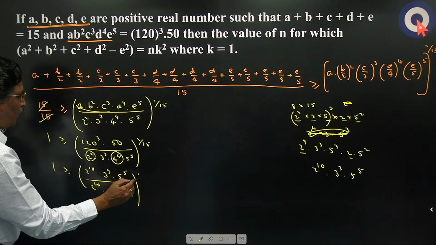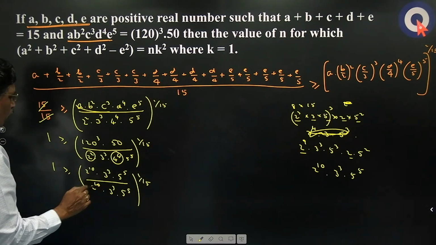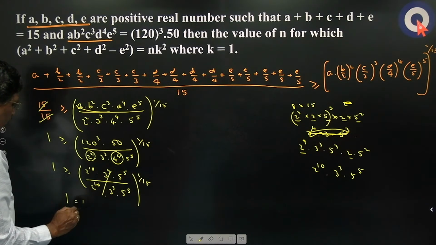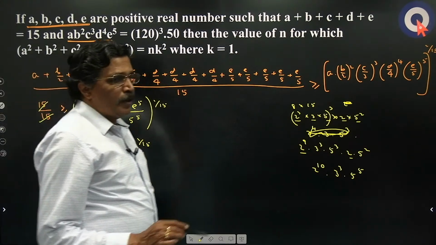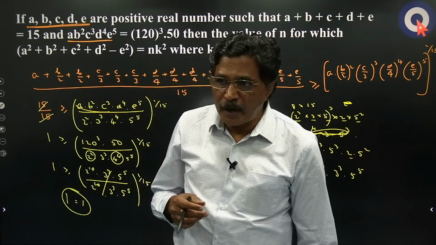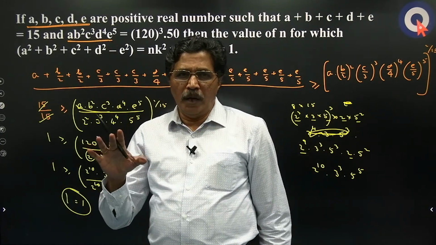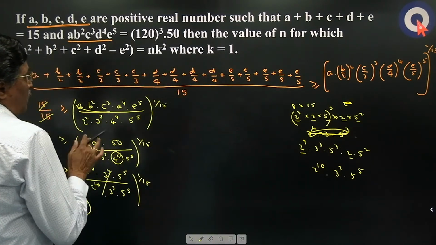As they match, hopefully the simplification is correct. So this is becoming 1 again, so you have 1 is equal to 1. Therefore, the arithmetic mean is becoming equal to the geometric mean. When the arithmetic mean is equal to the geometric mean, the quantities considered are all equal.